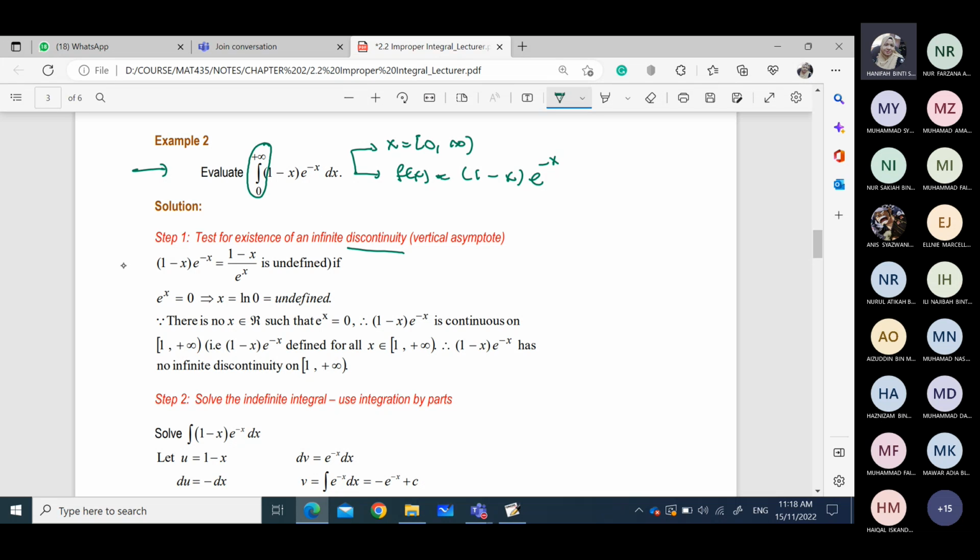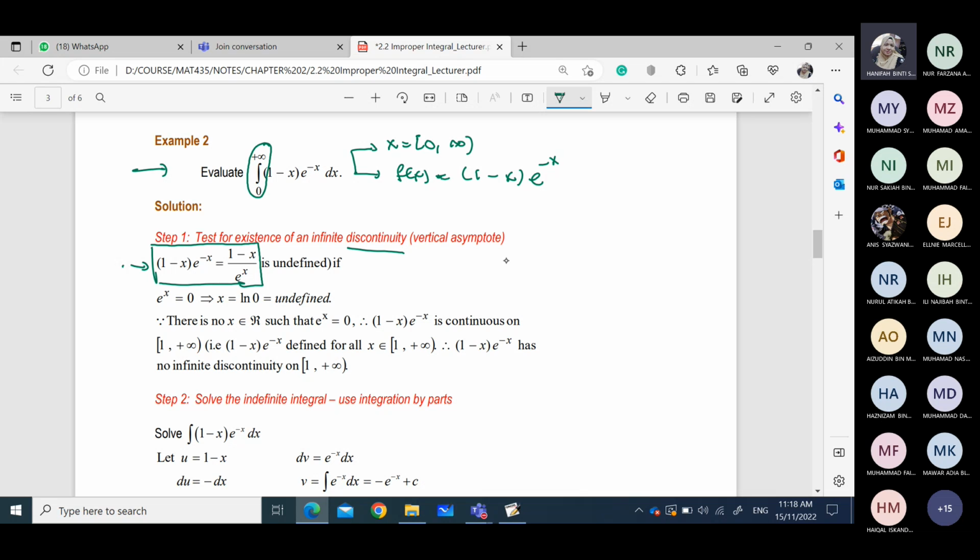So we have this function which is 1 minus x times exponent to the power of negative x. It is also equivalent with 1 minus x over exponent of x. Ini adalah benda yang sama lah. So this one on the right hand side is in the ratio form. So how to check?